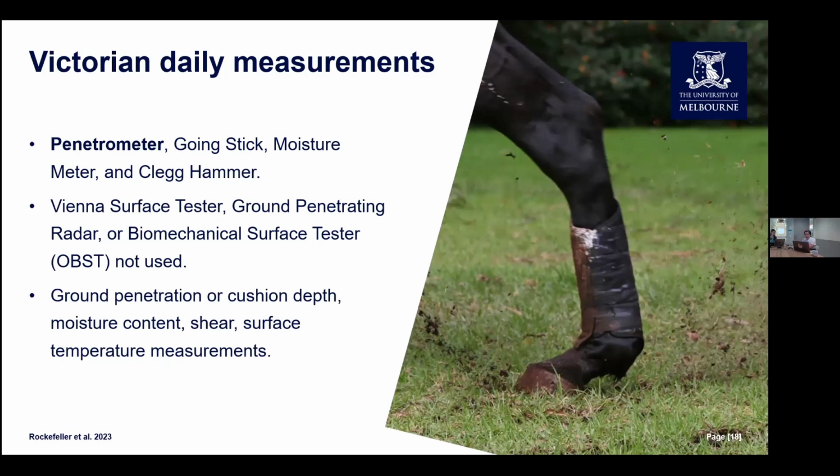But instruments are varied for daily monitoring of those track conditions. We don't at all use the Vienna surface tester, the ground penetrating radar or the OBST, but we do look at ground penetration or cushion depth, moisture content, shear surface and temperature measurements. But these were very, very varied over 15 of the tracks we looked at with Mackenzie from those 55. So there was not in any way a standardized way of doing so.